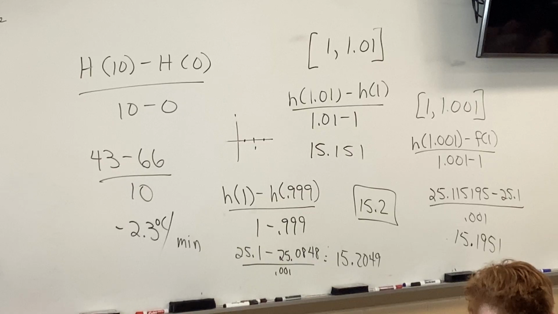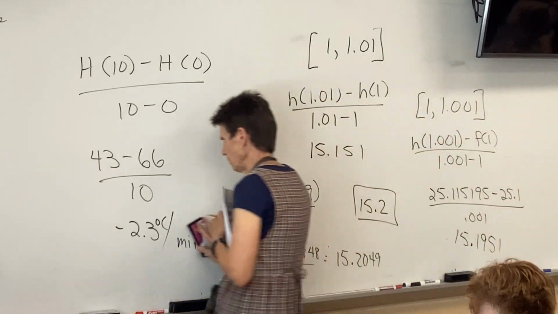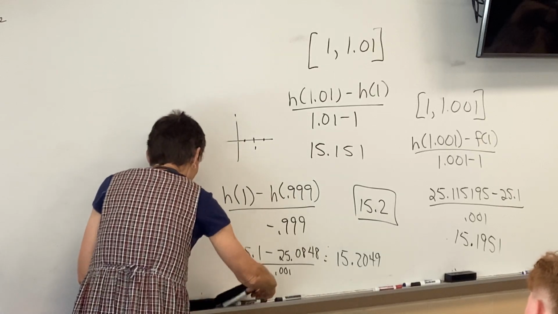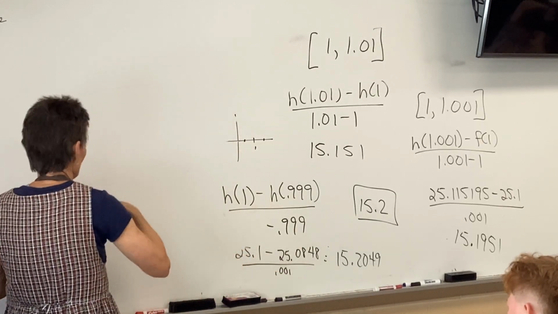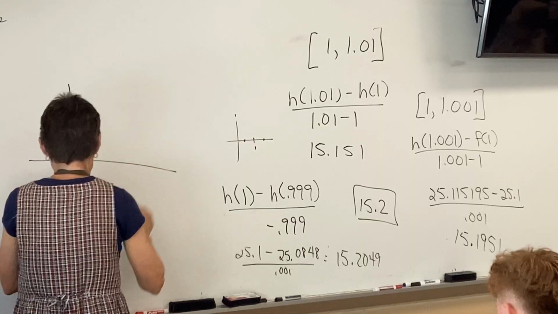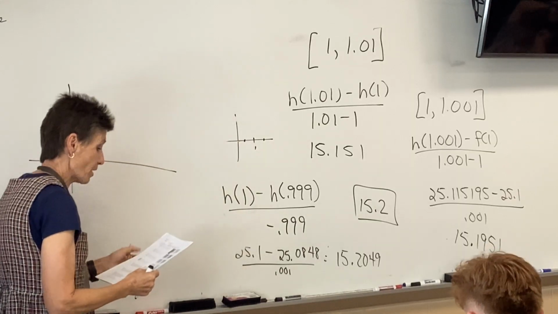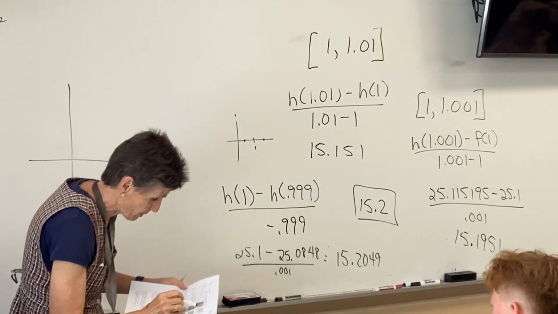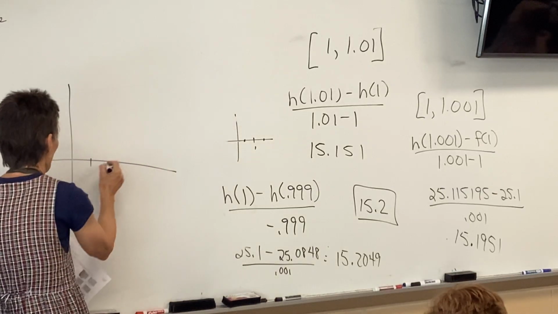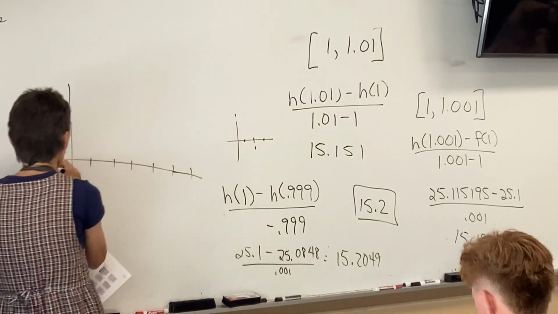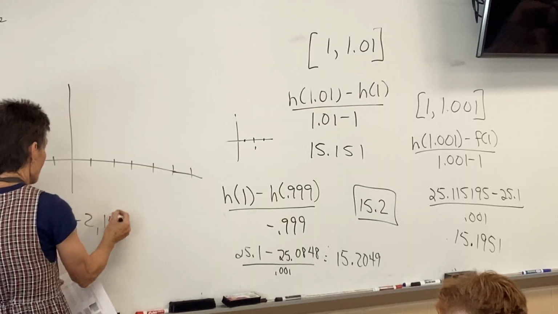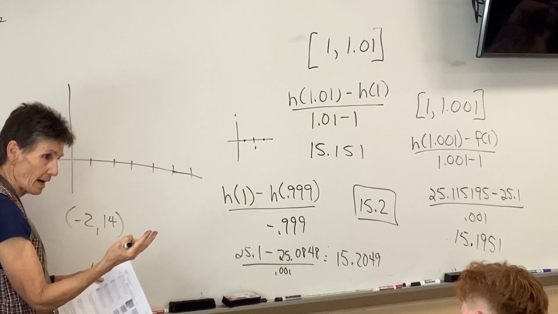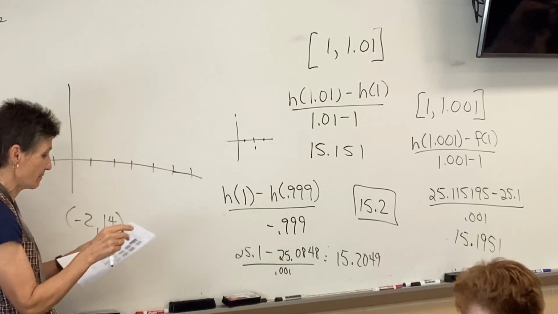Well, watch your scale though, because in that first one, you said my X's were going from -2 to 14. So how many hash marks are in there? It looks like they might all be worth 2. So you need to pay attention to that because it's hash marked in increments of 2.